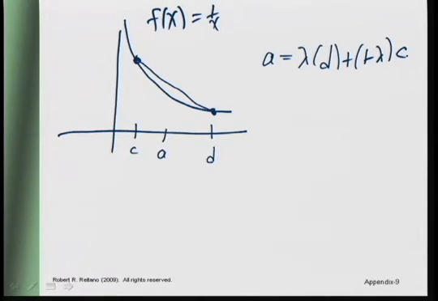If lambda was a fourth, it would be a fourth of the way between C and D and so forth. So it's just an interpolated point.